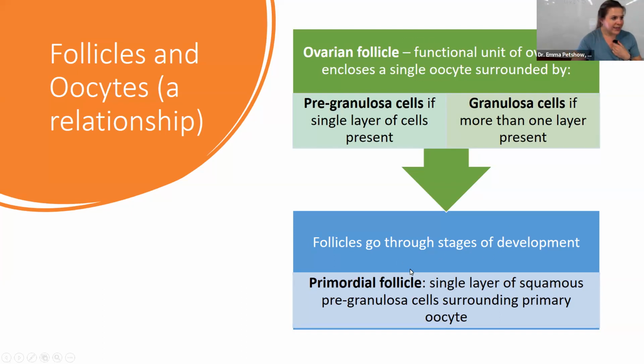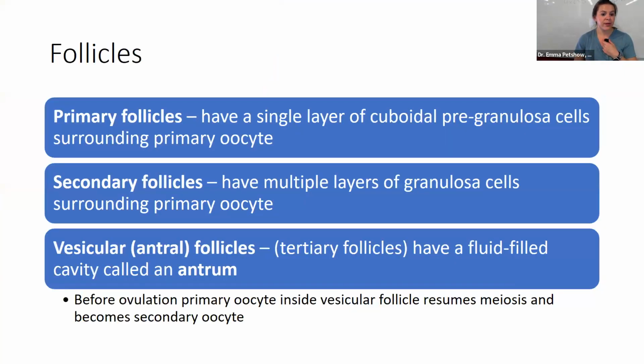Follicles also have stages of development. It starts with the primordial follicle, which is a single layer of pregranulosa cells surrounding a primary oocyte. So this is where we're at birth. Follicles then can become primary follicles. Secondary follicles surround primary oocytes.